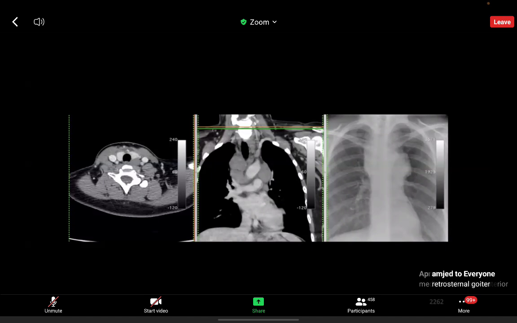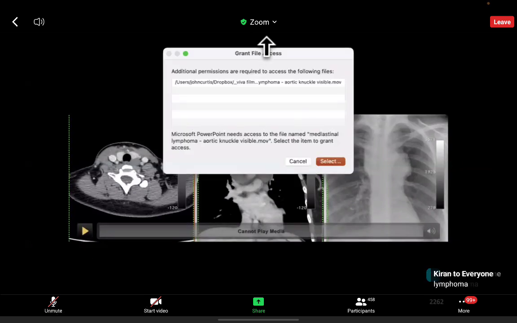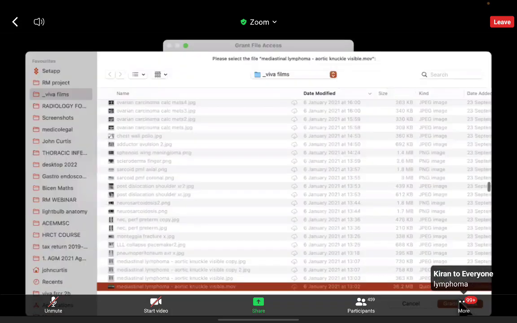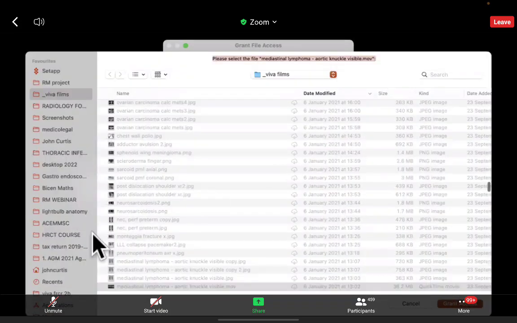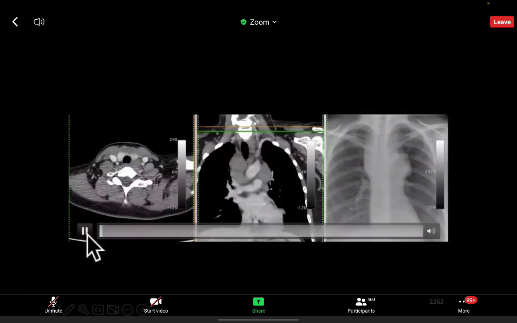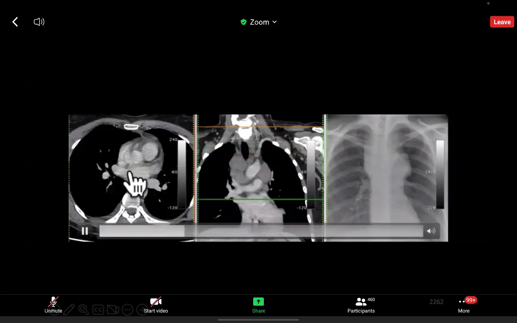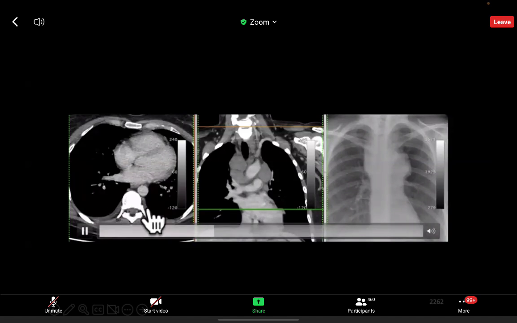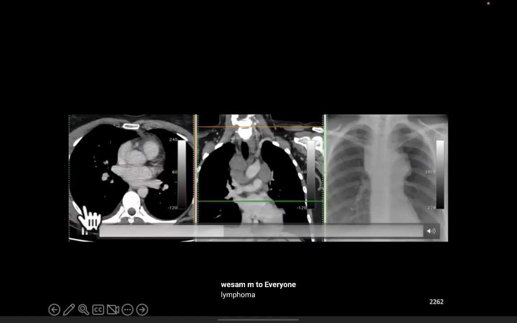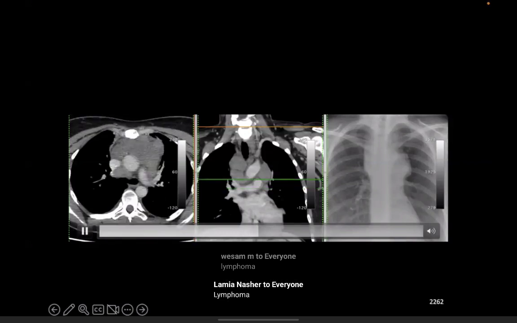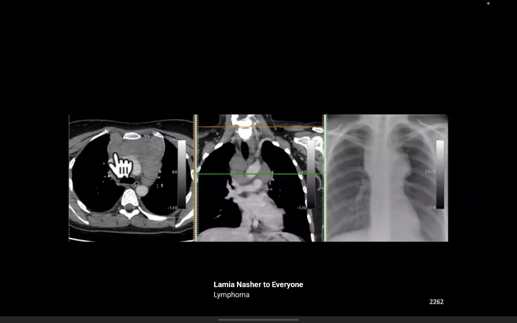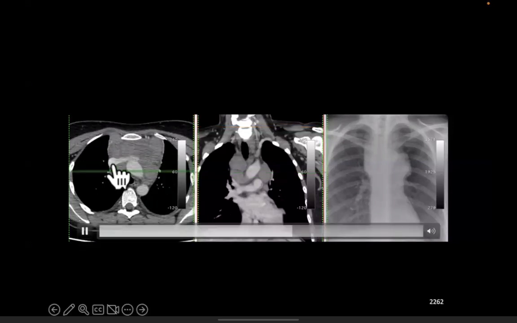And let me show you the contiguous with some middle mediastinal lymph nodes, bilateral small pleural effusions. This was lymphoma because it's all contiguous.